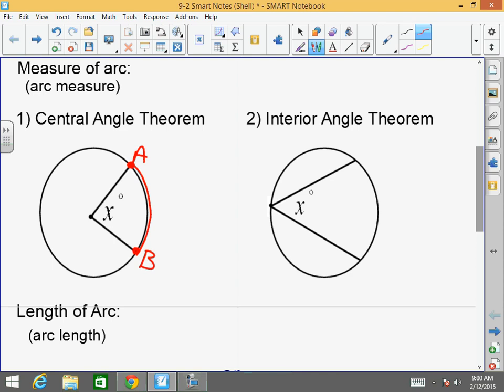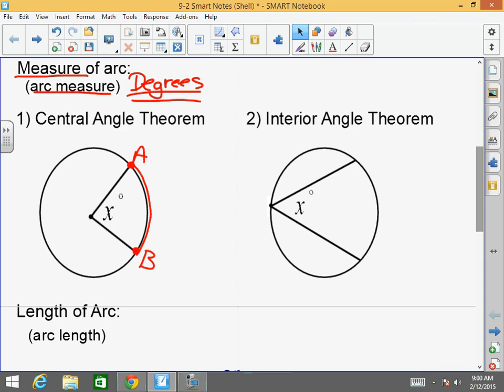There's a central angle theorem, okay? When we're talking about the measure of an arc, we're talking about the degrees that that arc has. Please remember this: the measure of an arc is degrees.